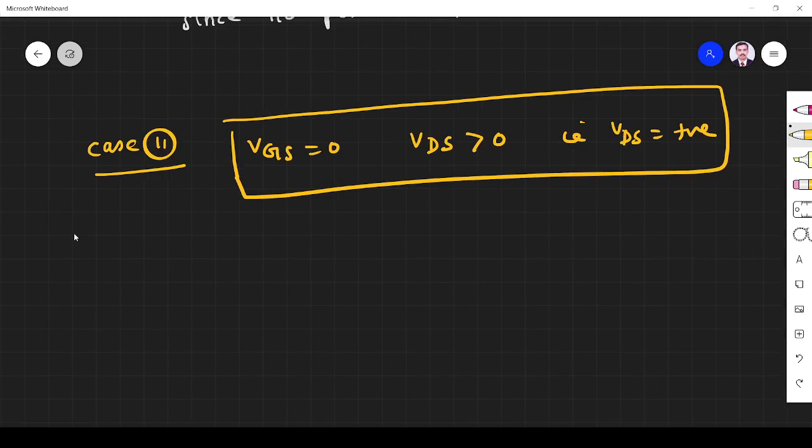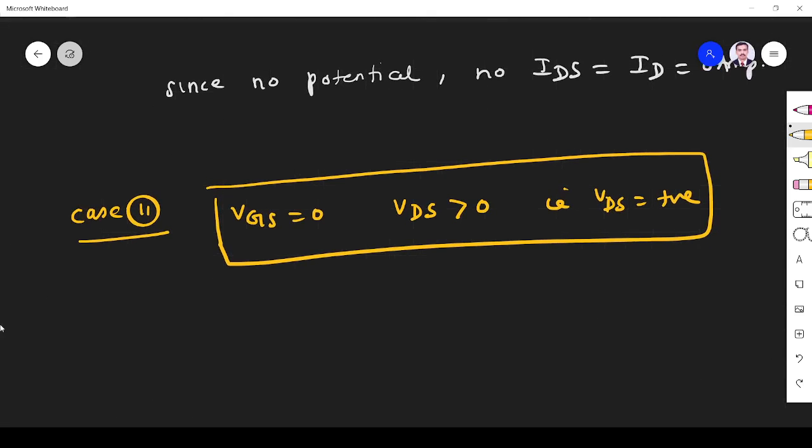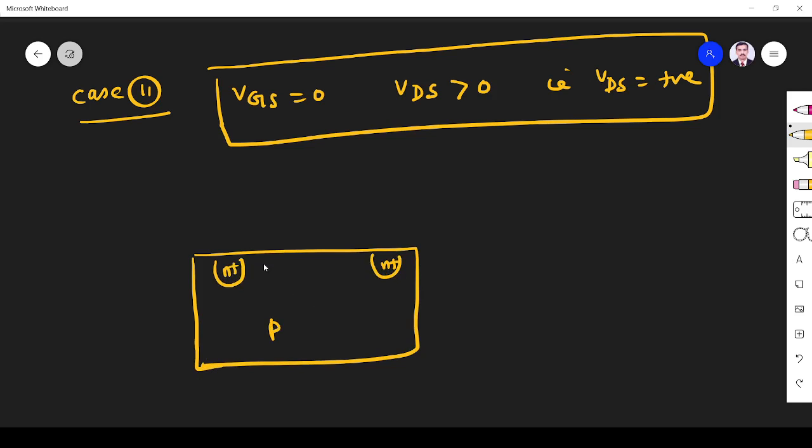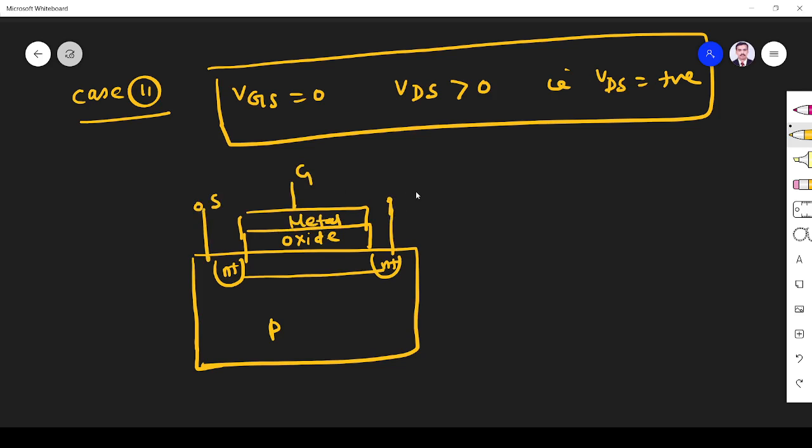Here we have N plus, P, channel, oxide, and next metal. Here we have source, gate and drain. Here I am applying positive VDS.